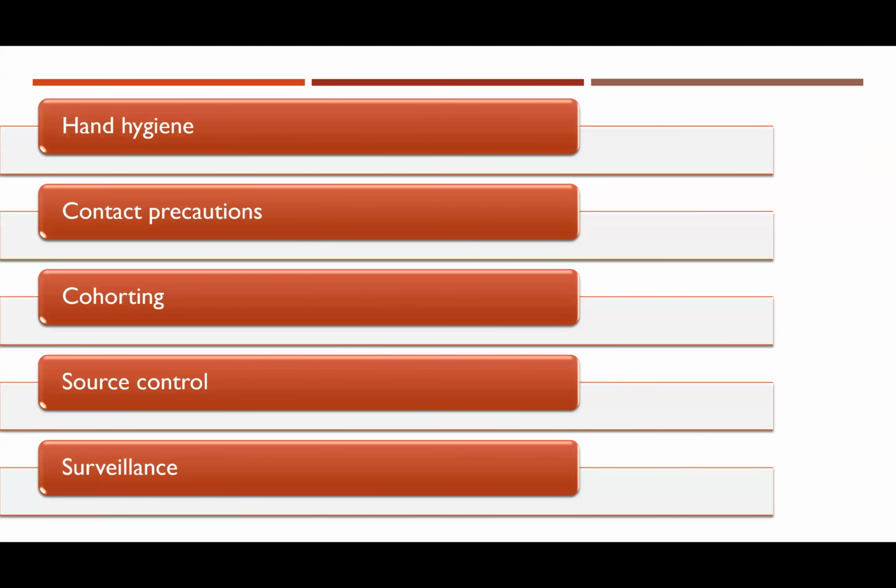So methods of transmission prevention would include good hand hygiene, for example, hand washing with an alcohol-based hand rub or chlorhexidine-based soaps, contact precautions. You may cohort colonized or infected patients, and also ensuring adequate source control in index patients, and then obviously employing appropriate surveillance strategies.